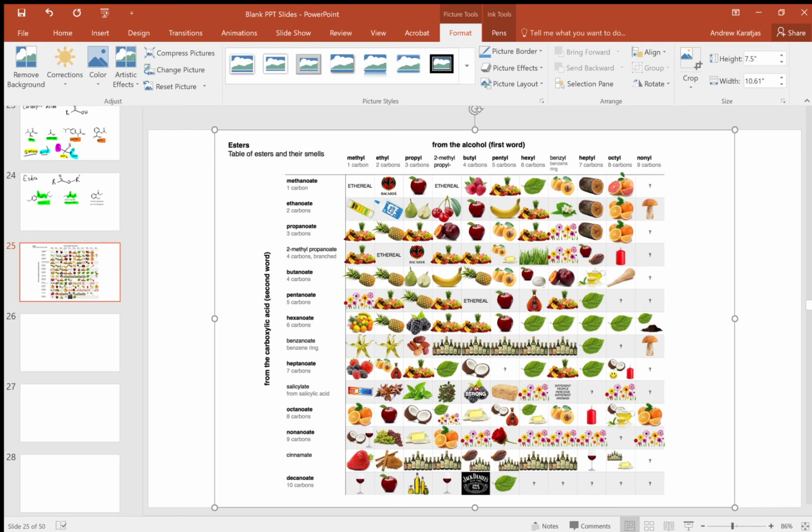And you can see based on how many carbons you have on each side, you get many, many different familiar odors. We've got strawberry, coconut, pineapple, bananas, apples, many, many different things. All of their odors, their smells, come from the ester that they have.